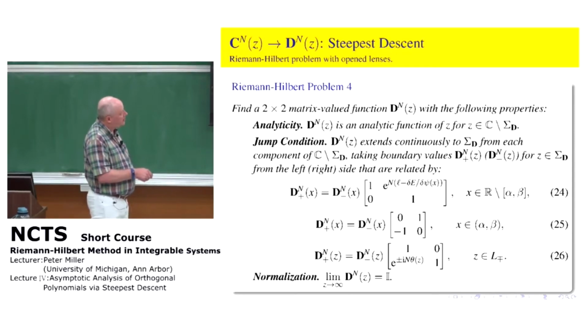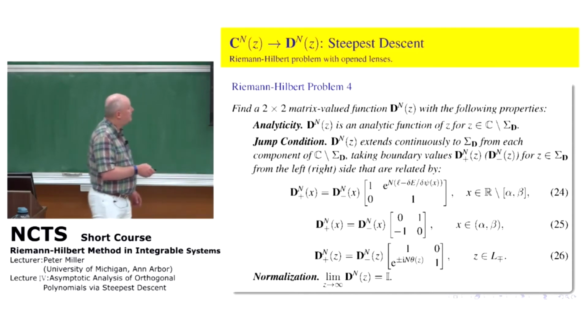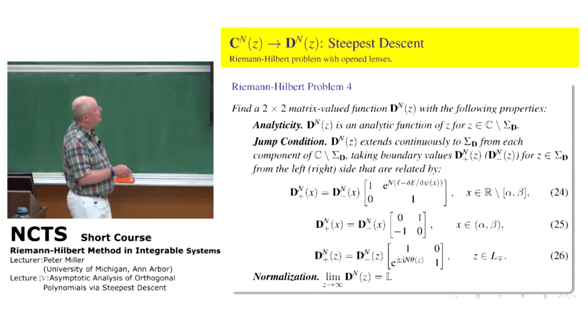And those things are now exponentially decaying to 0 for large n because z is in the complex plane in the right spot. Finally, D is tending to the identity matrix as z goes to infinity because we have not modified D outside of some compact lens. Okay. So that's the new problem. That's the steepest descent step.